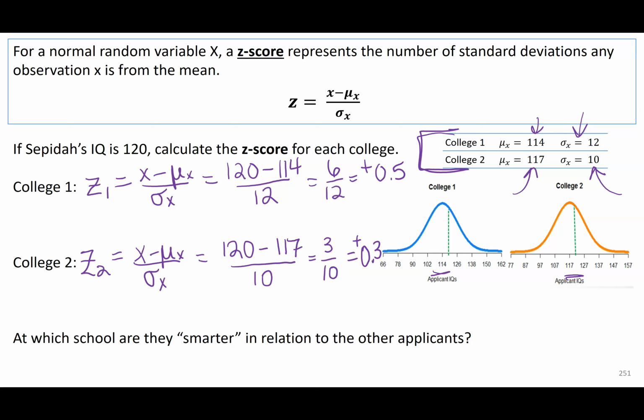So at College 1, they're half a standard deviation above average. At College 2, they're 0.3 standard deviations above. So they're not quite as high above the average at College 2. So at College 1, they have a higher z-score. The higher the z-score, the higher relative to everyone else your score was.